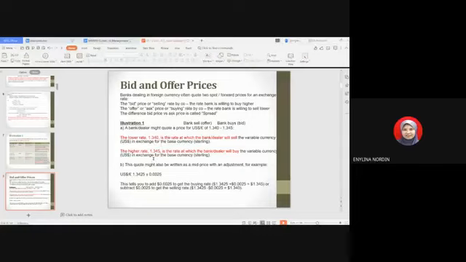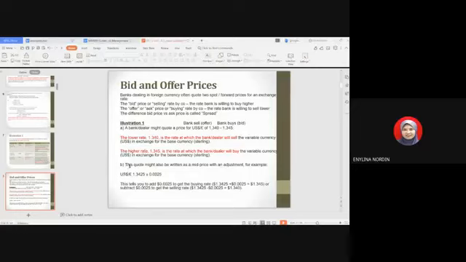There is a rule of thumb that the bank will buy high and sell low. So the bank will buy the currency at the higher rate, 1.345, and sell at the lower rate, 1.340. Why is that so? We will see the reason why the bank sells low and buys high later on from the example.